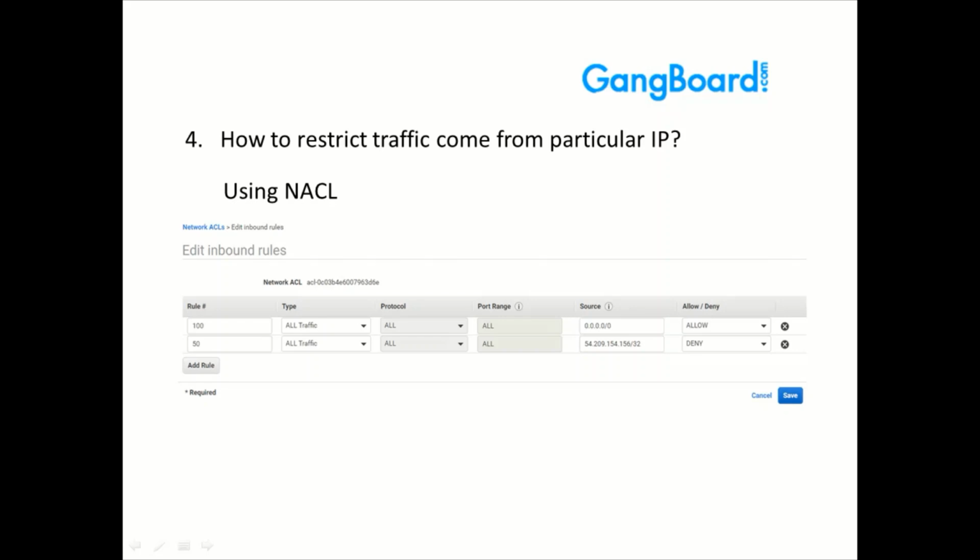Since we want to restrict, we are denying the service, so deny and save, yes. So from this IP the users can't communicate with your particular VPC.